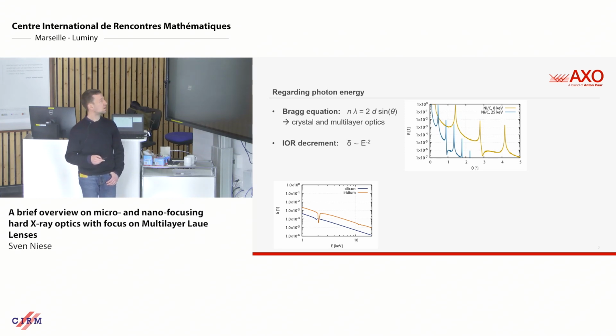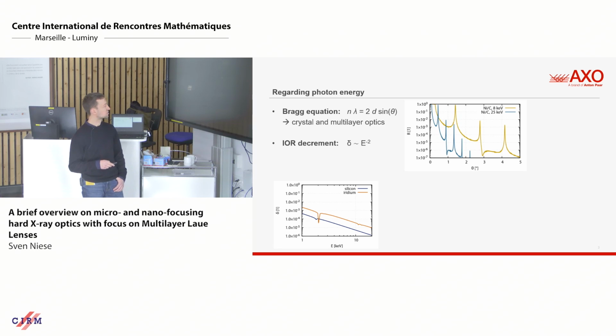The decrement of the index of refraction mostly goes with E to the power of -2 with the photon energy. This means that all the optics that depend on this effect are reduced with increasing photon energy.